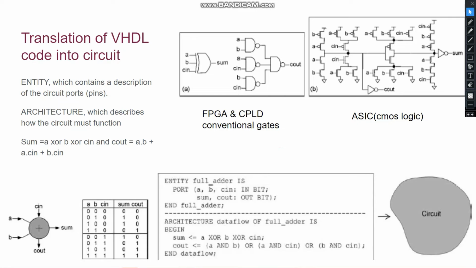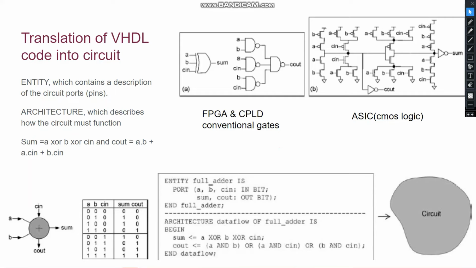But what is it here? It is a bit, which is like a Boolean in your C language. As well as your sum and C out are outputs, because they are the ones that are being sent out. And that also is of bit type. So this is the entity part.